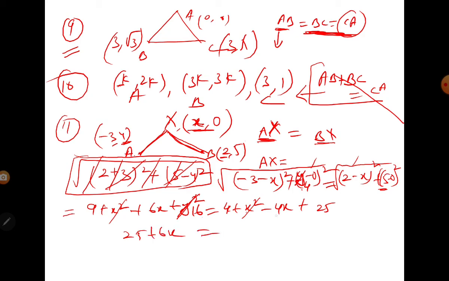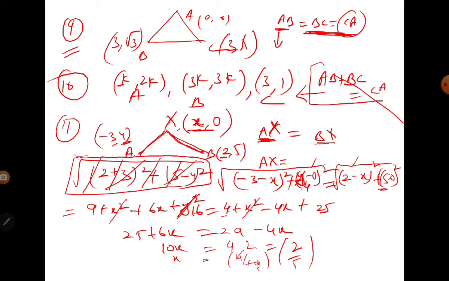What is left here? 25 plus 4 is 29, minus 4x. This 4x will come this side, that will be 10x. And this 25 will go that side, it will be 4. So what will be x? 4 by 10, which is 2 by 5.